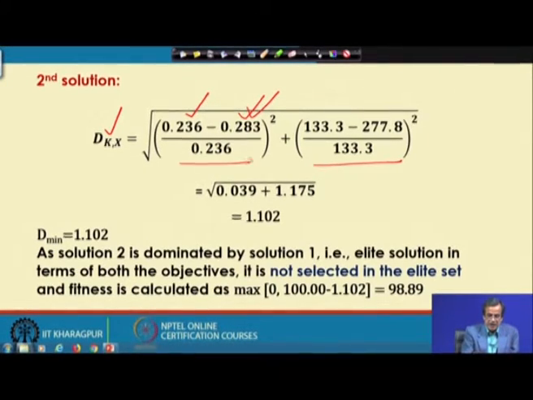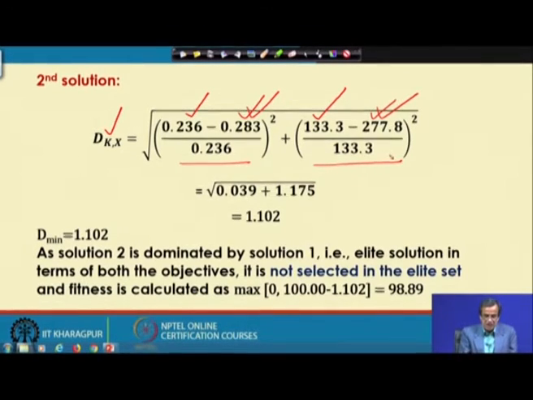Similarly, 133.3 is the value of f2 with respect to the non-dominated solution, that is the first solution, and 277.8 is the value of f2 with respect to the second solution.